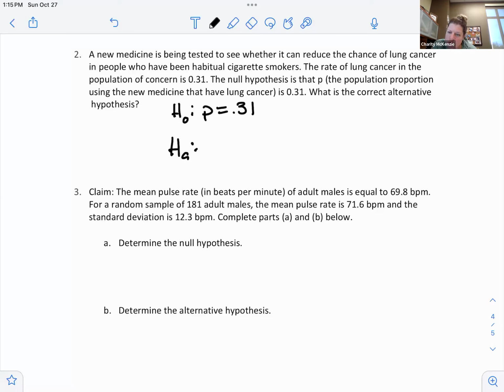If we want it to reduce the number, what symbol should we use for reduce? Less than 0.31, right? And this is our claim here. So if right now 31% of people are getting lung cancer from smoking, then we would like this medication to reduce that.